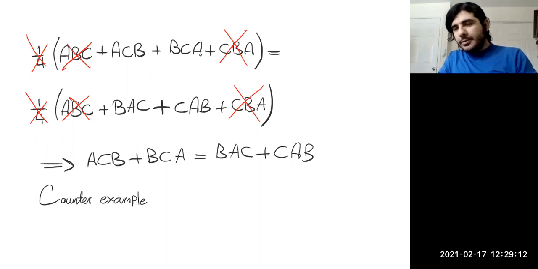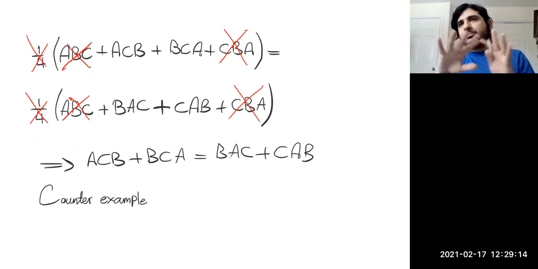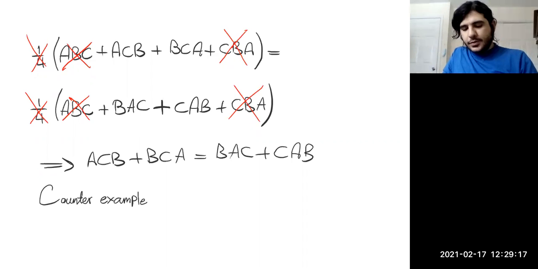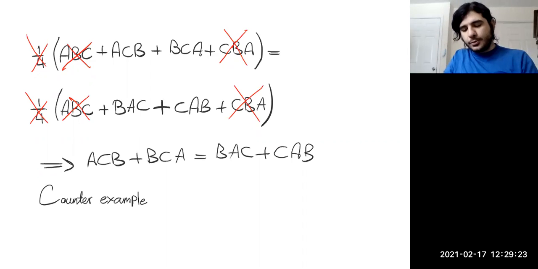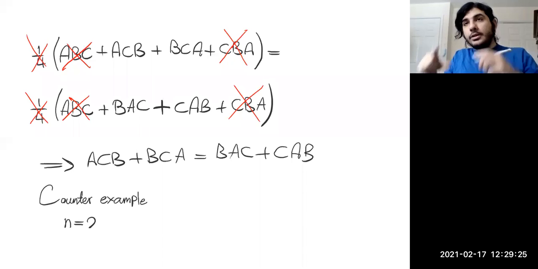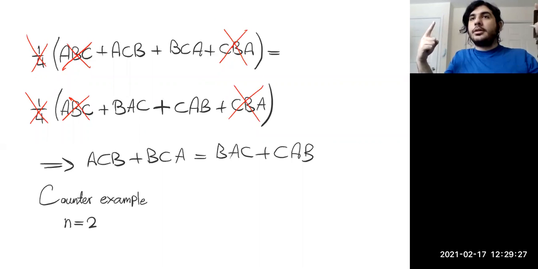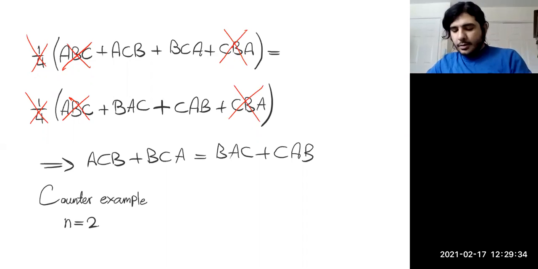Okay, let's try that. Let's just randomly take three matrices. We were working on n by n matrices, but we can make everything special. Let's say n is just 2. When you're looking for a counterexample, you should try to make everything as special as you can, so it simplifies things. So we choose three 2 by 2 matrices.